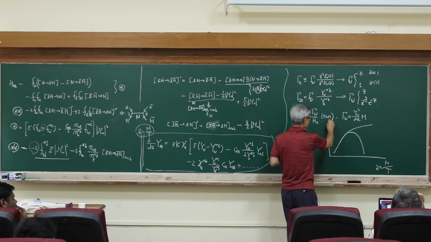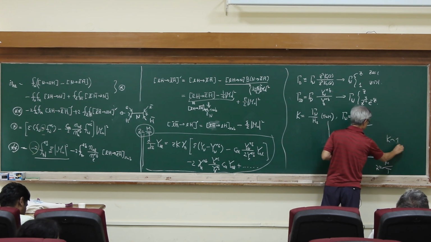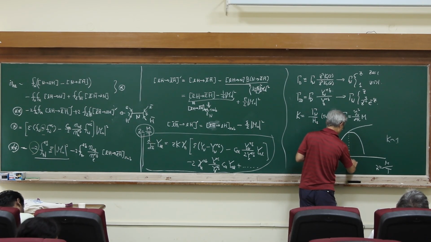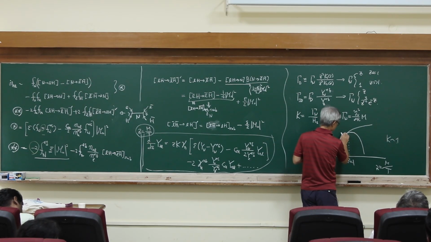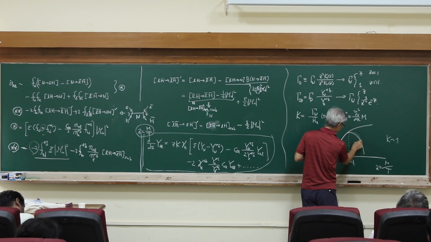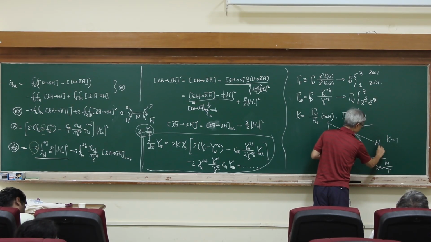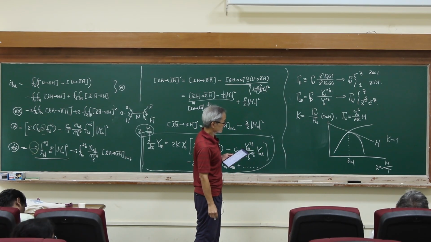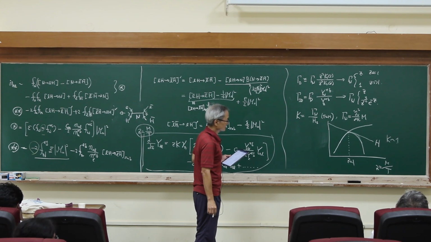Now, depending on K, if K is order 1, this is z equal to 1. What do you have? This is H. H scales like T squared, so 1 over z squared, right?